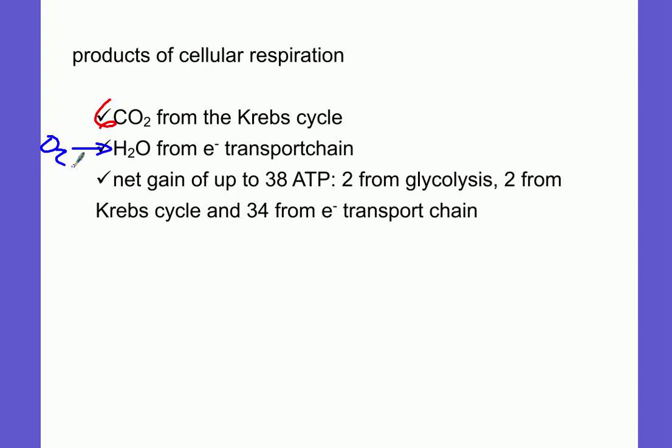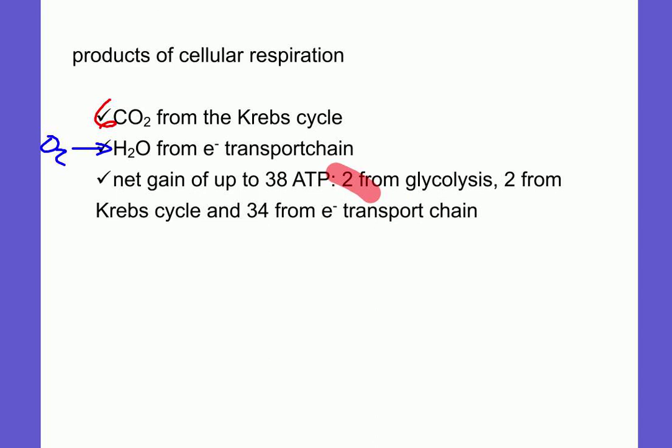You have a net gain of up to 38 ATP, right? But that's only for a prokaryote. How many did you get? 36, right? So you could get 2 from glycolysis, 2 from Krebs cycle, and then 34 more from the electron transport. But you just have to remember that you will get these 2, but then lose those 2 trying to move pyruvates into the mitochondria.